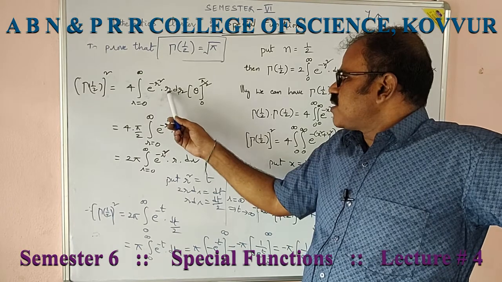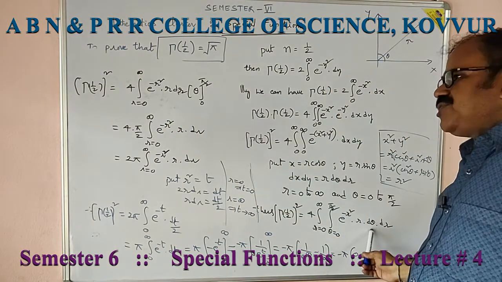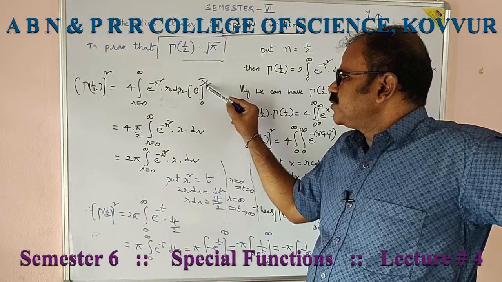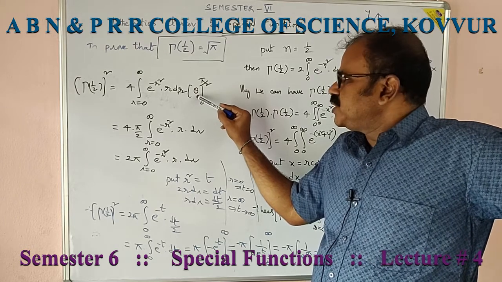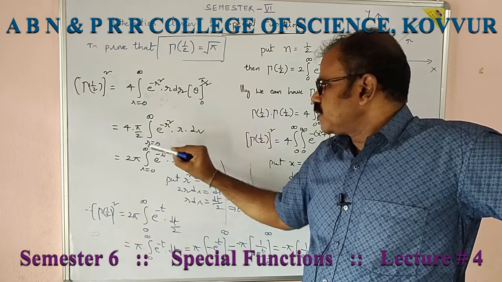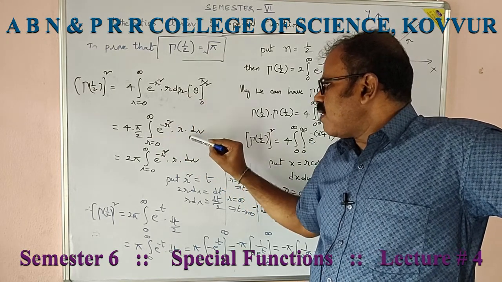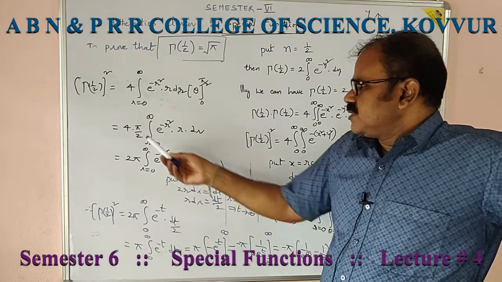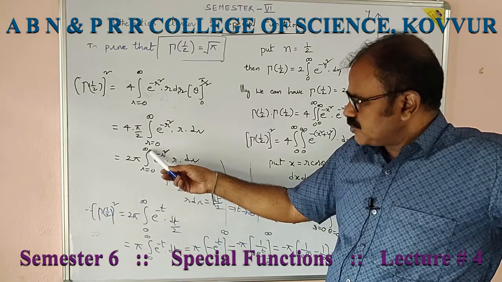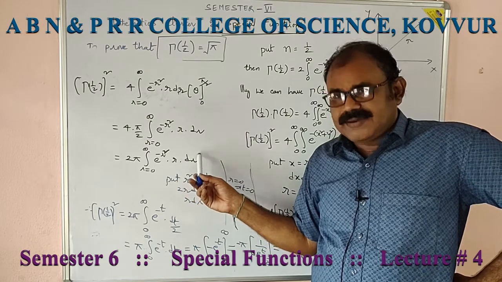Therefore e to the power of minus r square r dr, and I have integrated d theta, which is theta, and the limits of theta are 0 to pi by 2. Therefore you have pi by 2 here. Take it out. 4 into pi by 2, r is 0 to infinity, e to the power of minus r square r dr. This is 2 pi integral r from 0 to infinity e to the power of minus r square r dr.